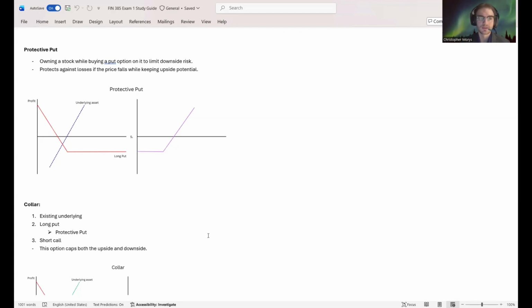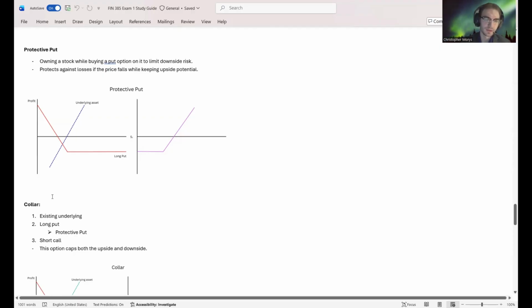This protects against losses if the price falls while keeping the upside potential of owning the stock. And there are many scenarios where a trader cannot trade away his stock for some reason. So he protects his capital gains using a put.